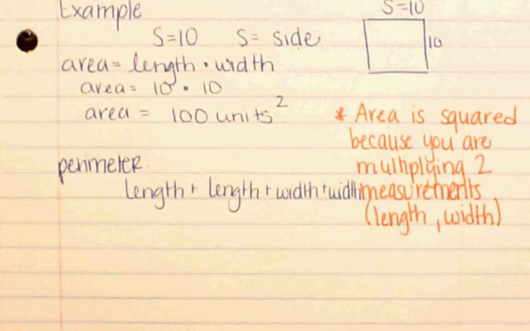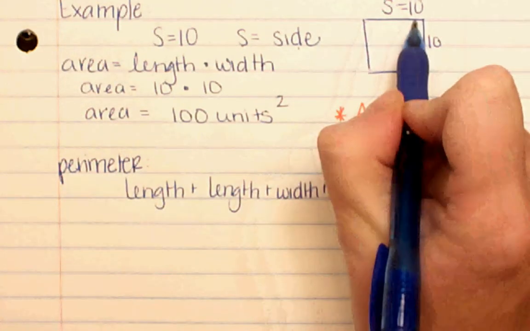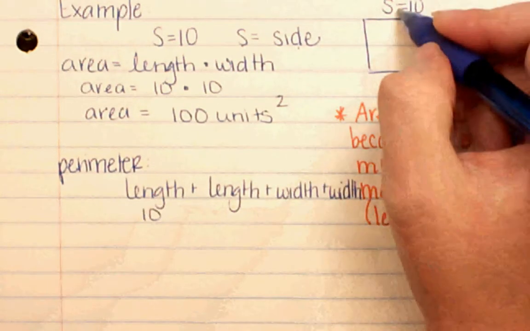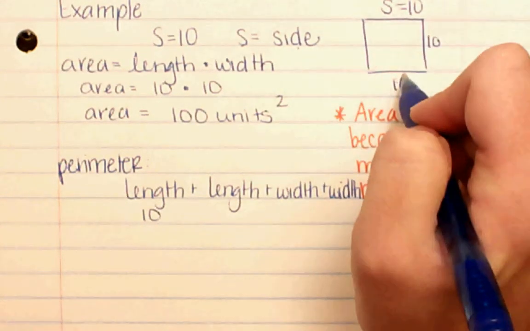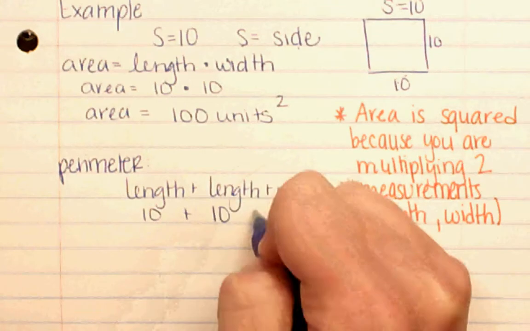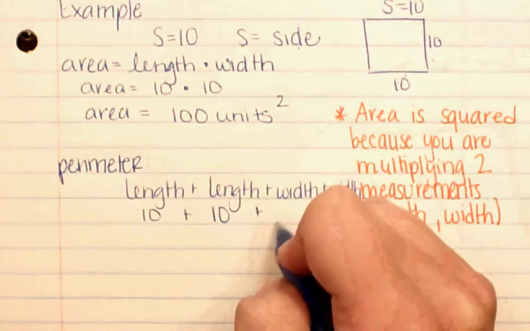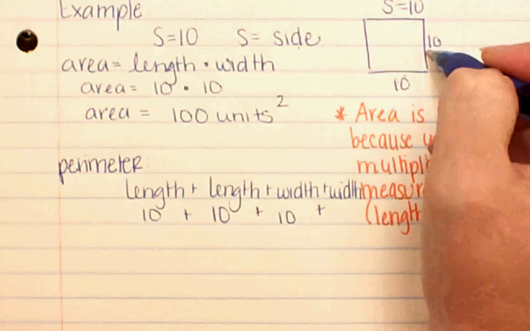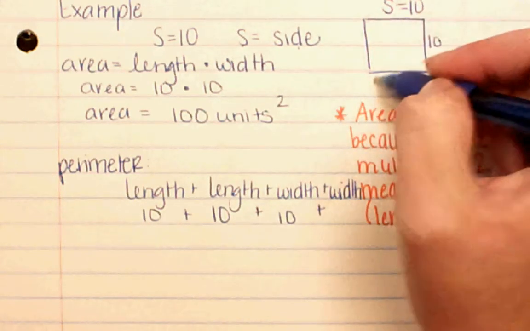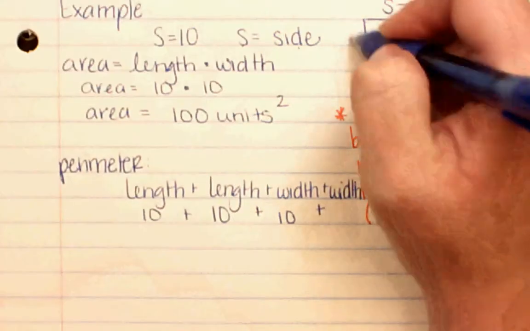Okay, so the length for my shape is 10, and since it is a square, I know that this is 10 as well because they're equivalent lengths, so 10 plus 10. And the width right here is 10, and since this length is the same amount, just as big as this one, this is 10 as well.